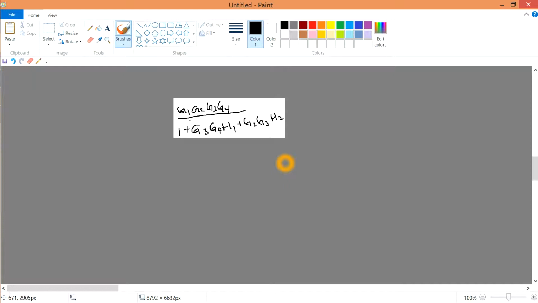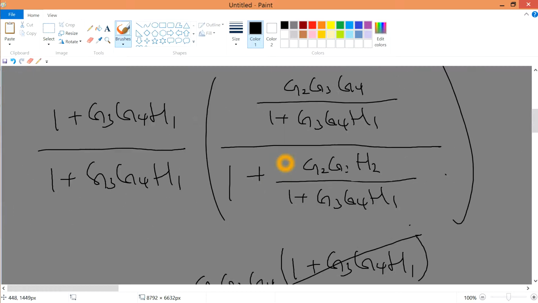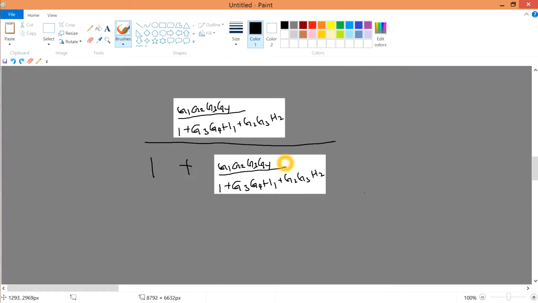So I would have this whole thing divided by 1 plus, and then this thing, the forward loop, and includes this H3 over here. Simple as that. Or I should just write H3 over here for simplicity's sake.